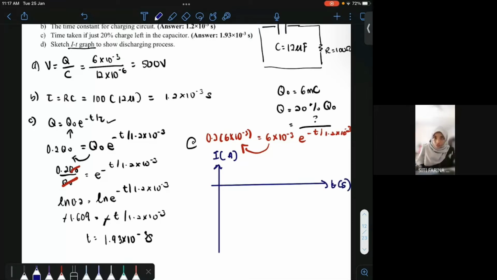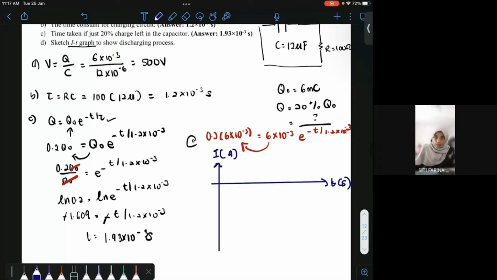Okay. So, yang penting adalah sebelum lukis, label dulu kamu punya nilai I0. Okay, ini kena ada. And then, discharging, the current is going to drop. 0.37 ini adalah time constant. 0.37 ataupun 37% from the maximum current is where your time constant occur.